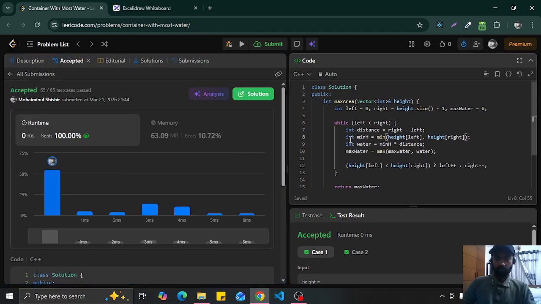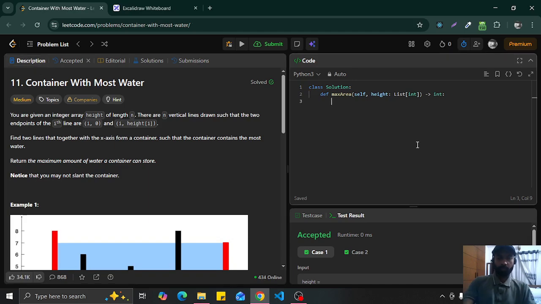Okay, now let's do this for Python. Okay, again we're going to get a left pointer, a right pointer, and max water count. So left pointer is going to be at 0, right pointer is going to be at the last, okay, length of height minus 1, and max water count is going to be 0.